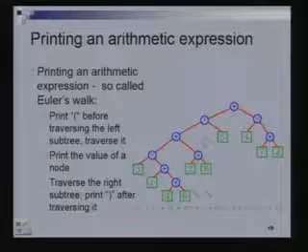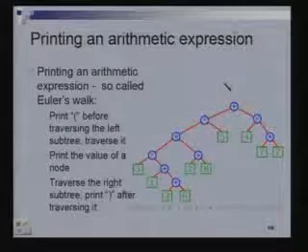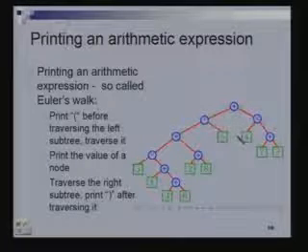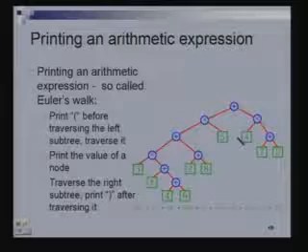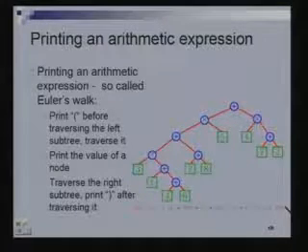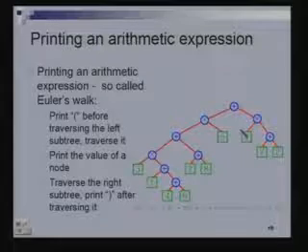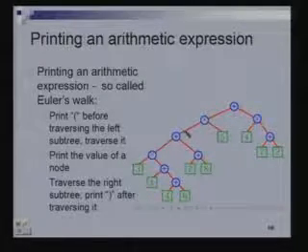So suppose this is the tree corresponding to a certain arithmetic expression. I want to print this arithmetic expression out with parentheses. Right? I want to draw the parentheses, so I want to print it out in this manner. Okay, so I can do an Euler walk to print this thing.